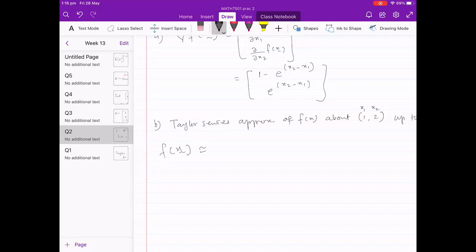Because the coefficient of x1 is -1, you take that down. So it becomes x2 minus x1 for the first derivative. Then the second one will be minus, and the third one plus, minus, plus, minus.